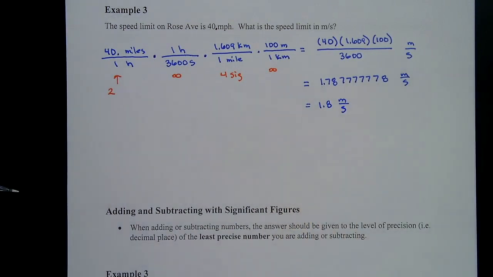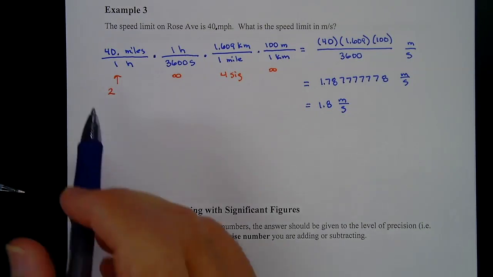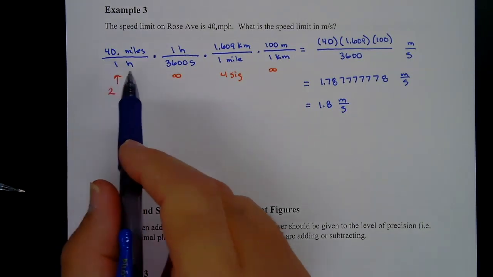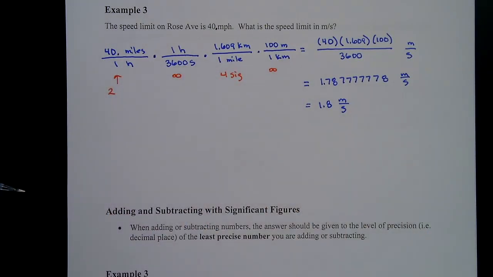So 40 miles per hour on Rose Avenue is 1.8 meters per second. And that's as accurate and as precise as we can get it because of the limitations of the measurements that we were using up here. Okay, and we can only be as good as the least number of significant figures. Okay, let's talk about adding and subtracting next.